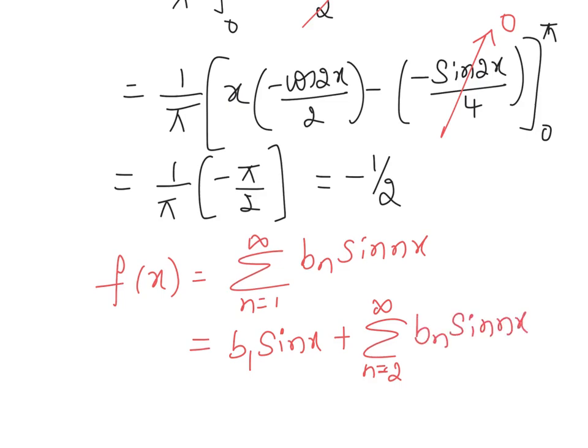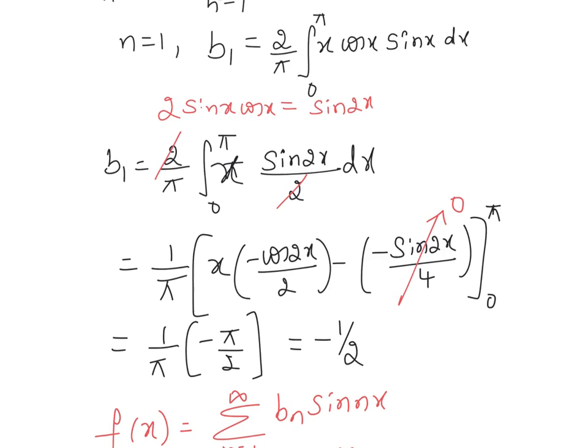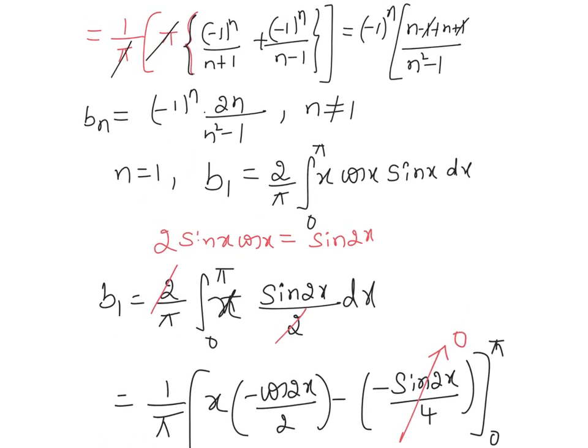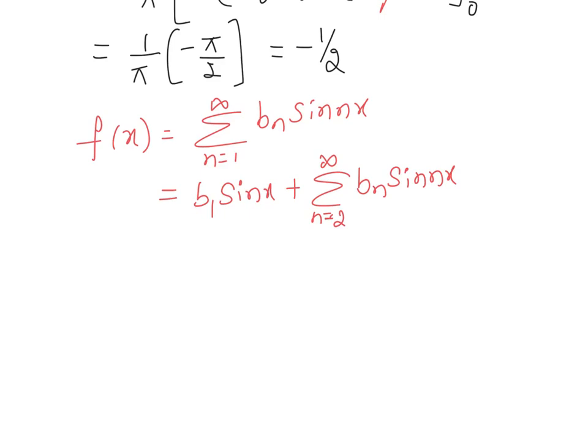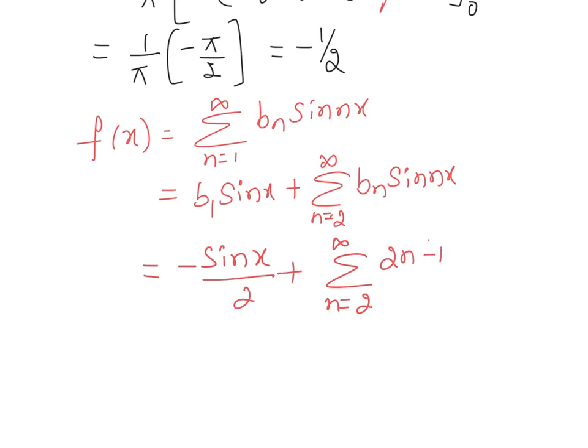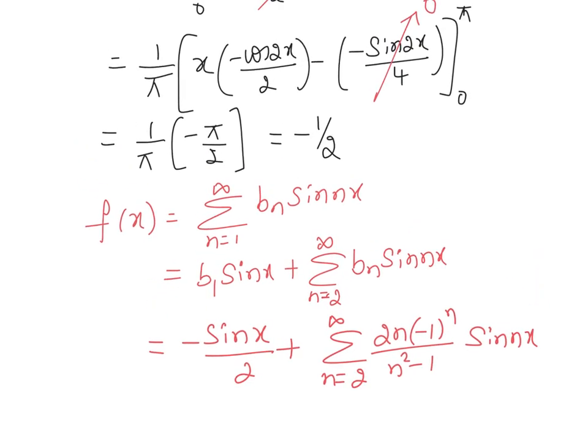It starts from n equal to 2, where the Bn is valid: minus 1 power n, 2n divided by n square minus 1. So let's substitute that. B1 is minus 1 by 2. Therefore minus sin x by 2 plus summation n equal to 2 to infinity 2n minus 1 power n divided by n square minus 1 sin nx. So this is the required half-range sine series for the given problem.